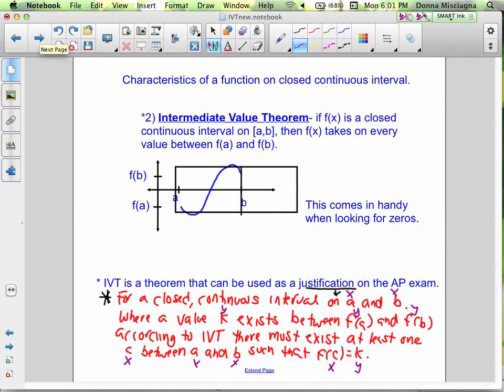Very, very important though, you must show the function is continuous on a closed interval.